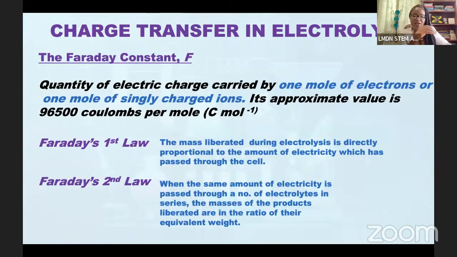But this is just saying that if you have electrolytes, one here and another one, in series like this, the masses of the products liberated are in a ratio of their equivalent weight. They're in series, with the same current passing through, so whatever mass you get is in the ratio of their equivalent weights. It's a little bit tricky. You would have to see an example to make that clearer.